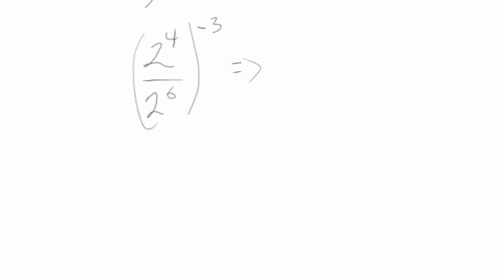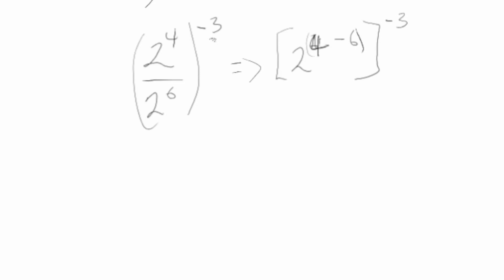So this one is going to give me, just working out what is in the parentheses, a bracket here, and then I'm going to do 2 exponent 4 minus 6, and then I will close my bracket, and then this negative 3 comes here.